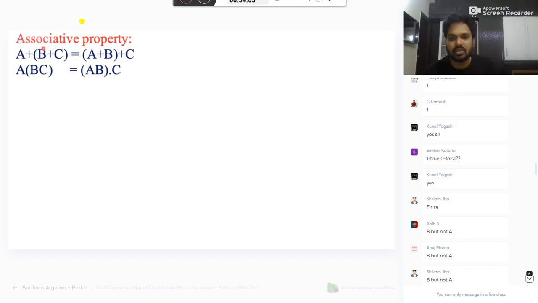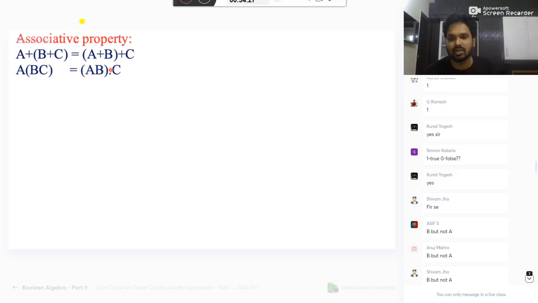So B plus C you add first, that is, first you perform BC, then you perform A. Or first you perform AB, then you perform C. In both cases your answer is the same. That is what we call associative. Similarly, you perform A into BC first or AB into C next. Any method will give you the same answer. These are what we call associative properties.